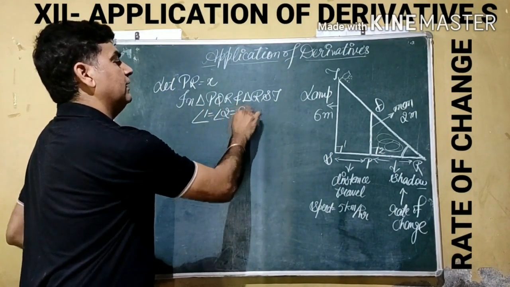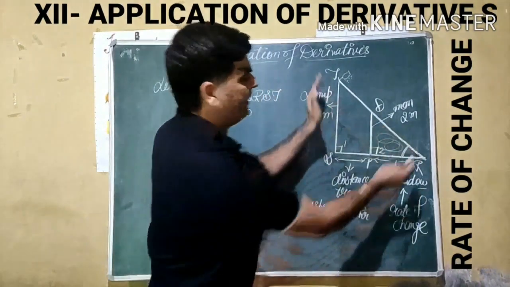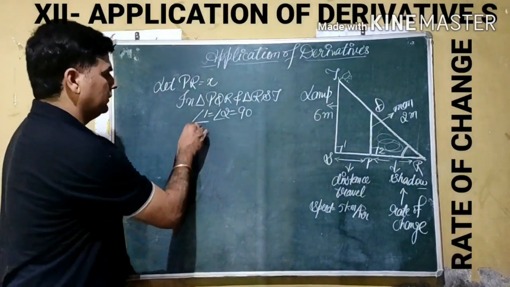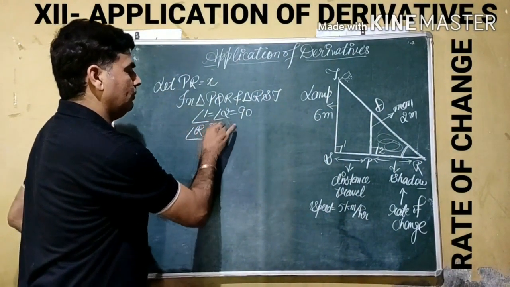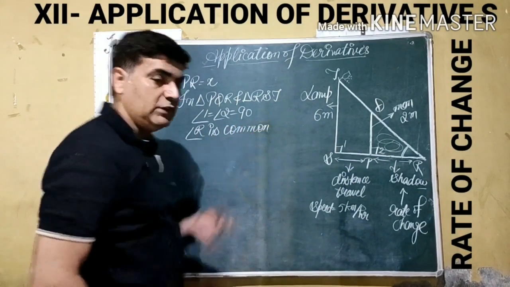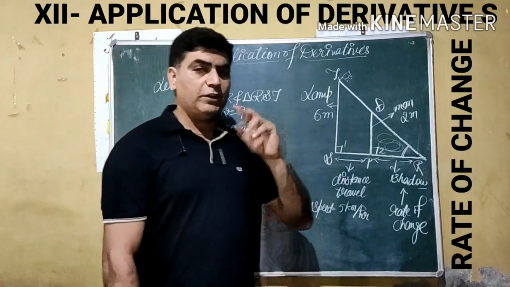It is given. And if you see, this R coordinate comes in small triangle and it also comes in big triangle. So this is the angle which is common in both. So angle R is common. We know that we have done in 9th and 10th class. In 9th we have done congruent of two triangles.